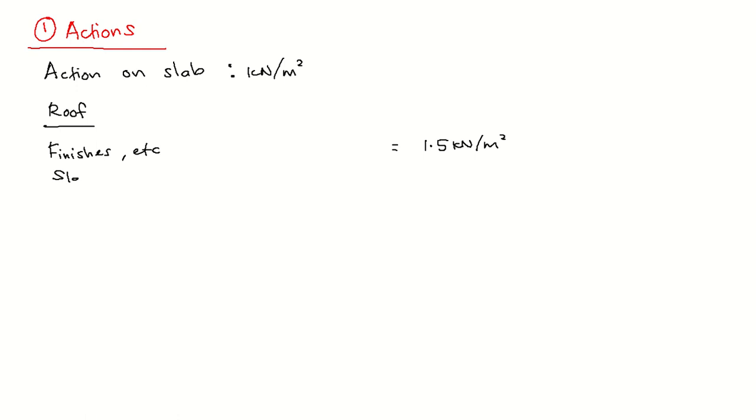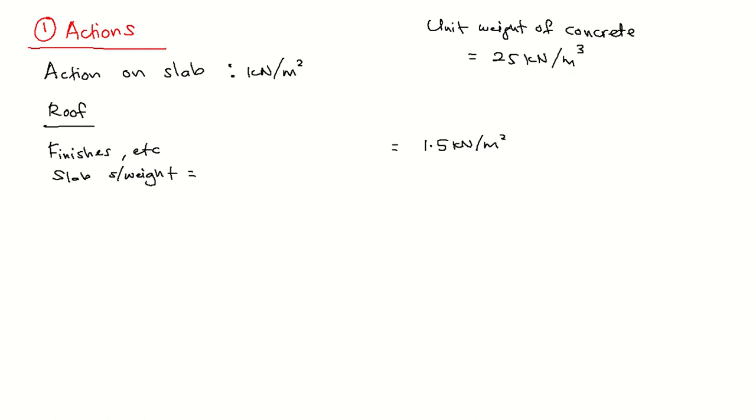So we have slab self-weight. So how do we calculate the self-weight of a slab? Okay, and we want to get the unit in kilonewton per meter square. So you know that the unit weight, or density, of concrete is equal to 25 kilonewton per meter cube.